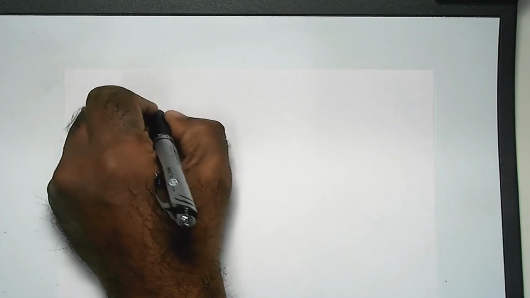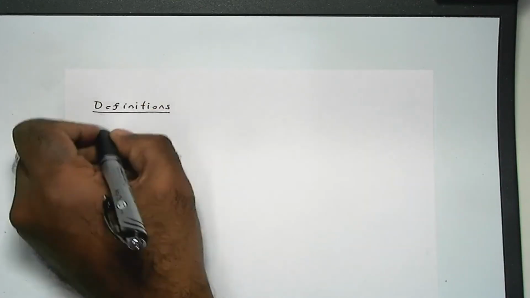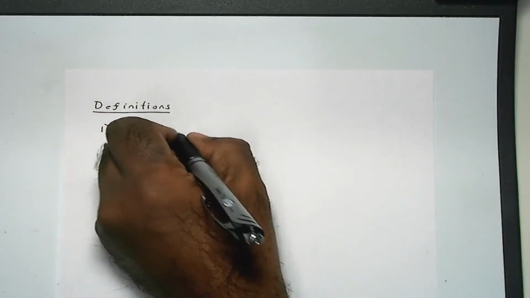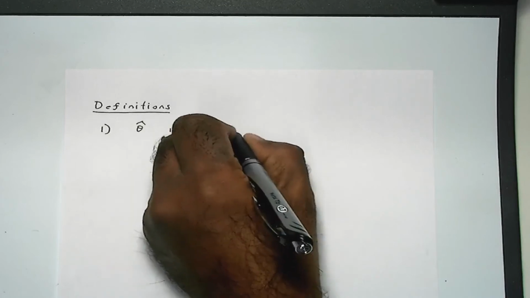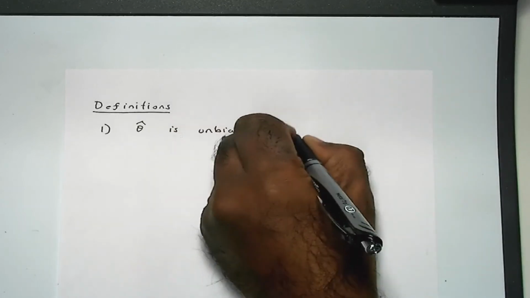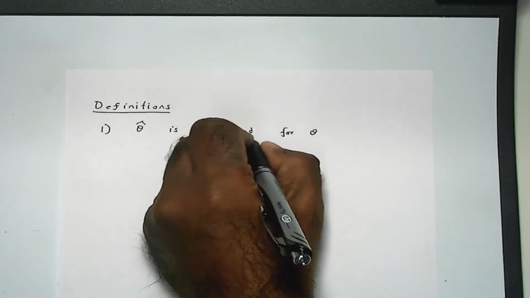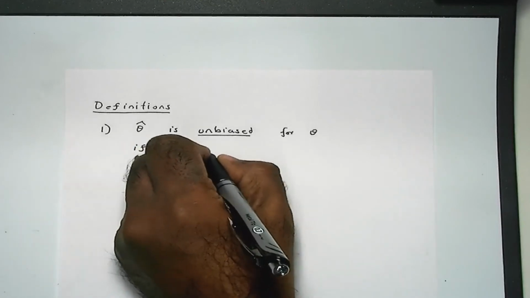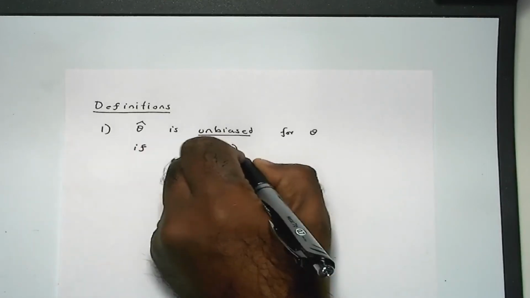Alright, in the next slide I'm going to give you certain definitions. So I'm going to give you 3 definitions. Number 1, an estimator theta hat is unbiased for theta. So the key word here is unbiased if the bias of theta hat is equal to 0.